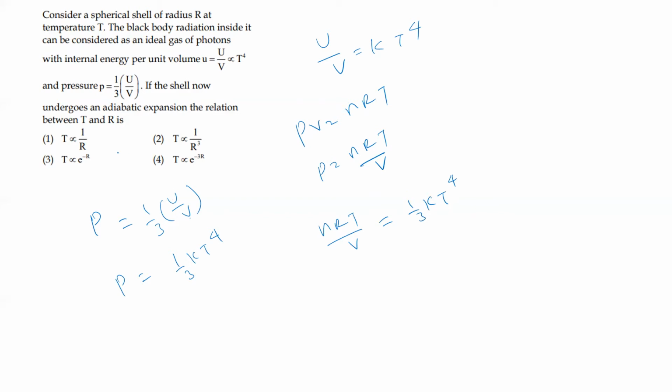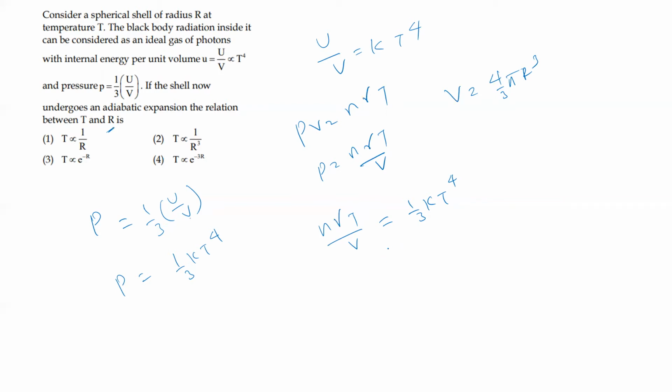This R is what? Radius, not a constant. Clear? Now the volume of the sphere is 4 by 3 pi r cube. Don't confuse: this is the Rydberg constant and this is the radius, so we will take the Rydberg constant as a small r to avoid confusion.